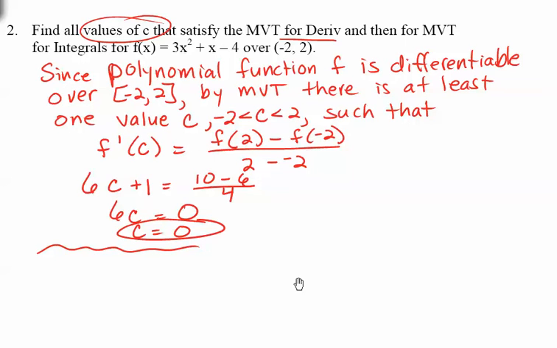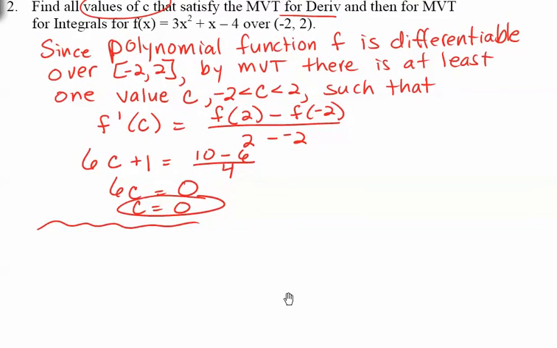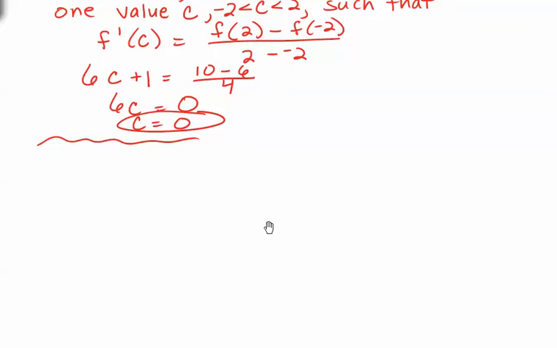All right, now we need to do our same function, but now we want to do MVT for integrals. So now we want to find out where does that average height occur. So think of making a rectangle that has the same area as the value of the integral.